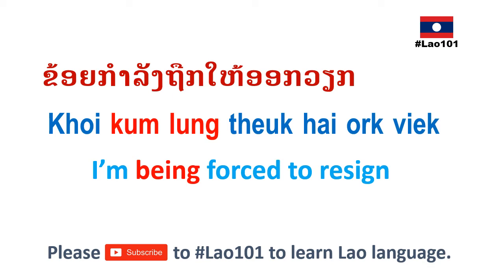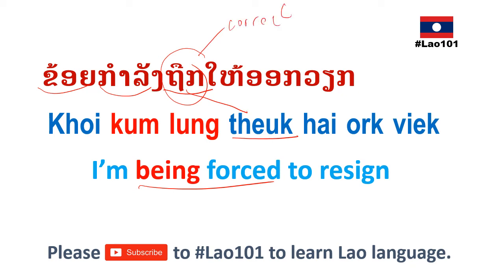So this is a passive voice sentence, being forced. กำลัง is -ing, ถูก is the word for being done to something, but it also has other meanings like correct or cheap.